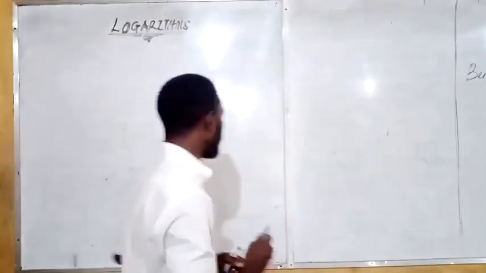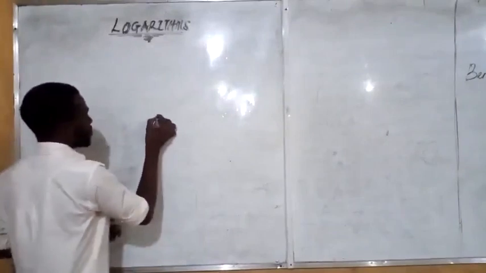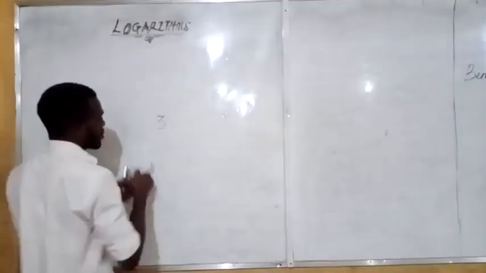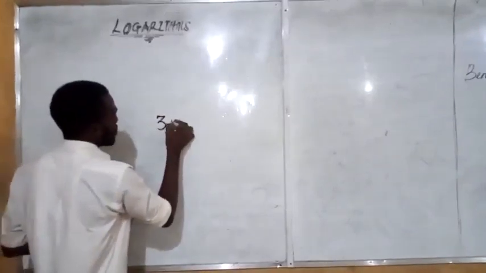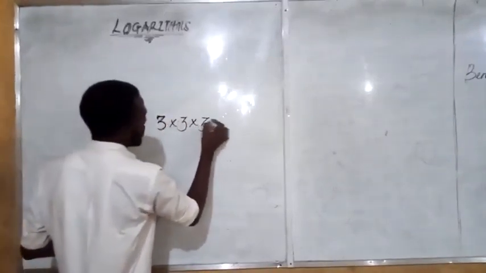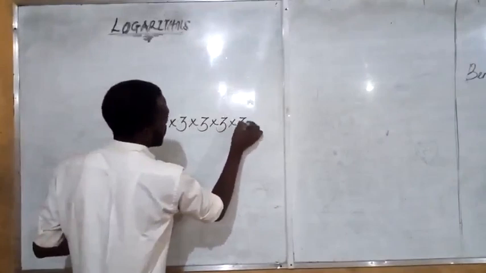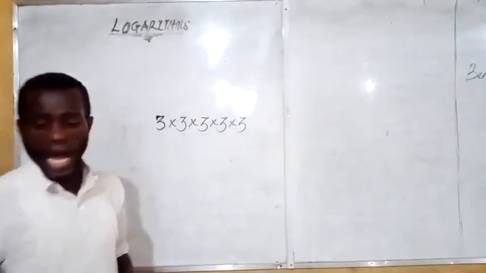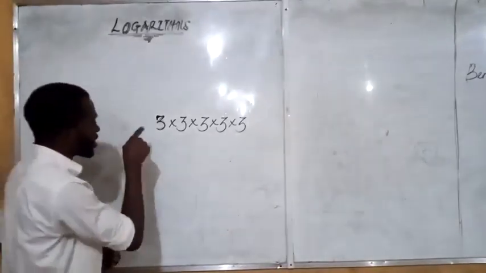Take for example, if I have this expression 3 multiplied by 3, multiplied by 3, multiplied by 3, multiplied by 3. Now, in indices, remember, how do I abbreviate this expression?